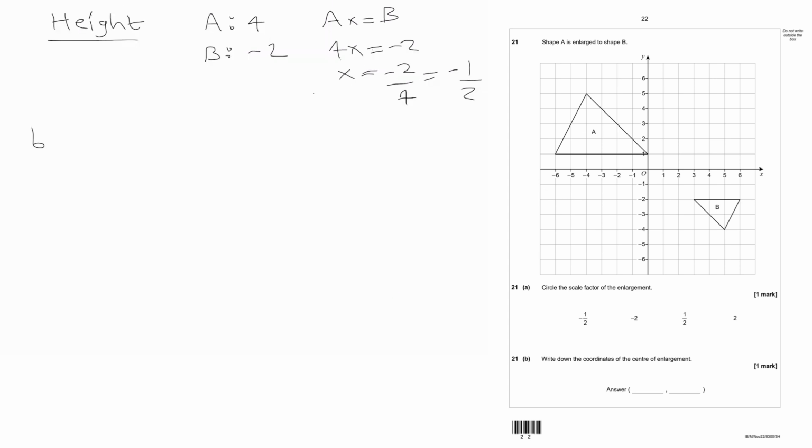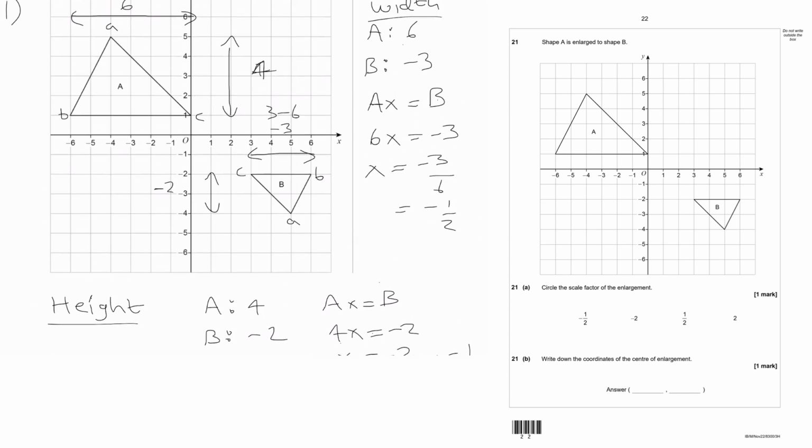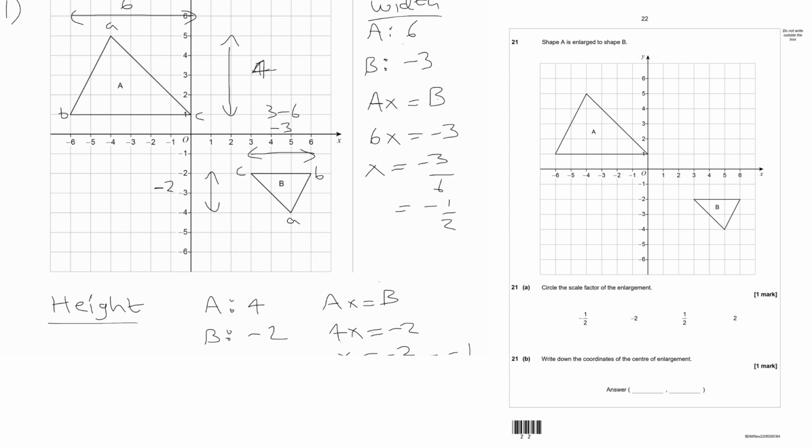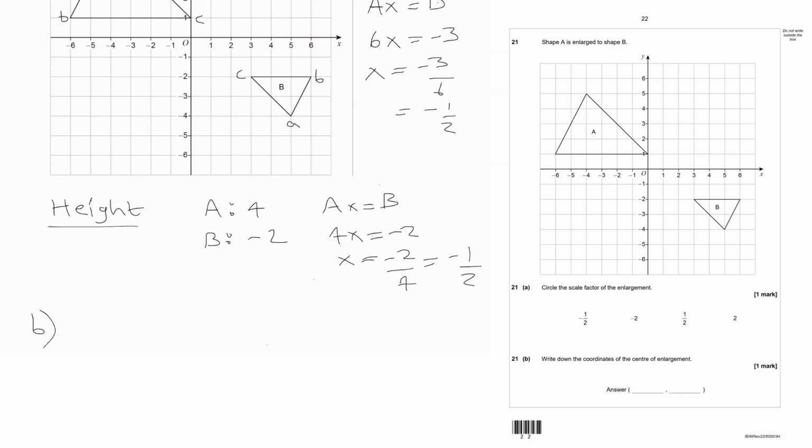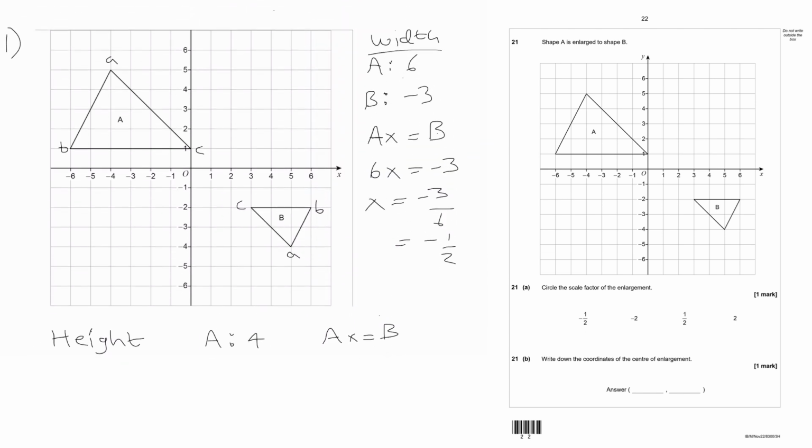So moving on to part B, and we're told we want to work out the coordinates of the centre of enlargement. So let me just clean this up a little bit. So what I'm going to do here is we want to draw a straight line between the corresponding vertices.